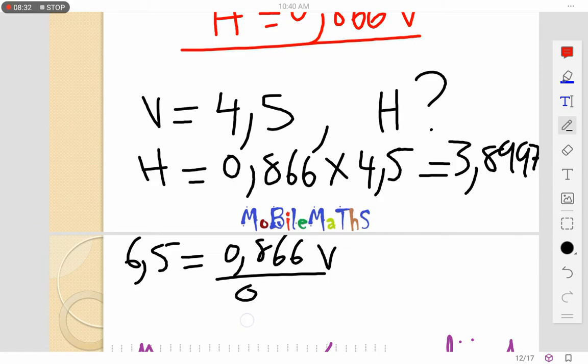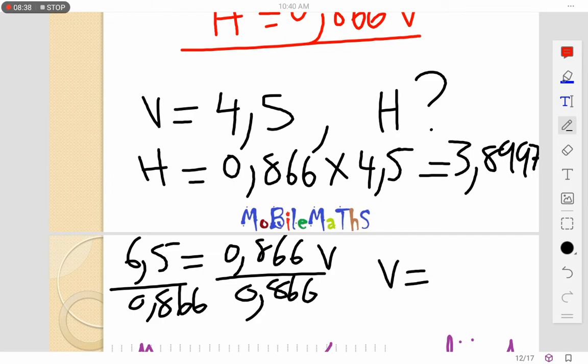We divide by 0.866, so our V is equal to 6,5 divided by 0.866. We get 7,5. So that's the value of V there. I've reversed those questions, so that's how you answer this question.